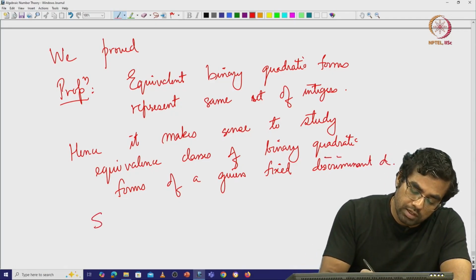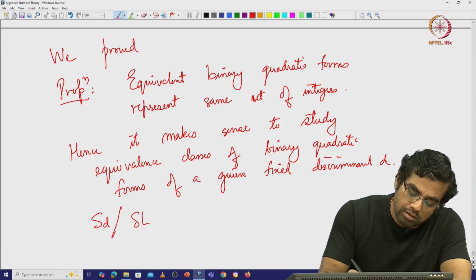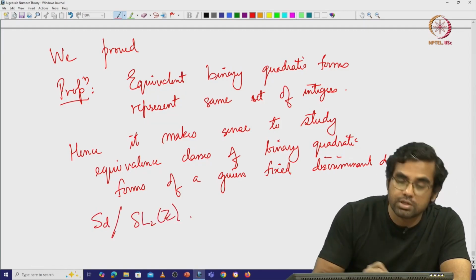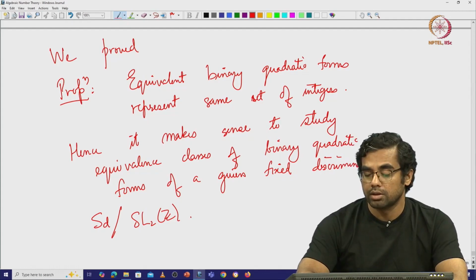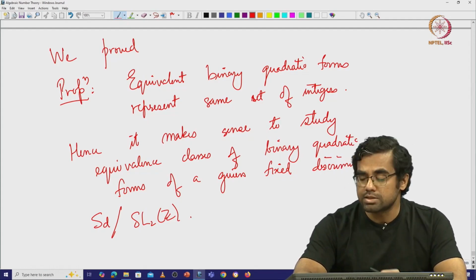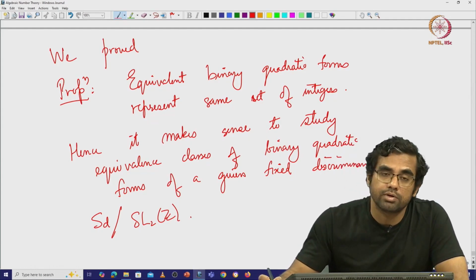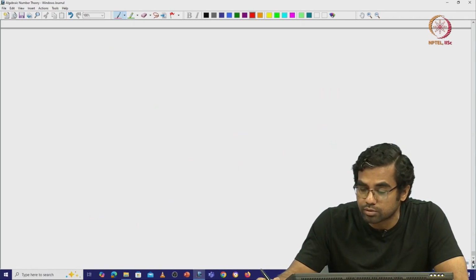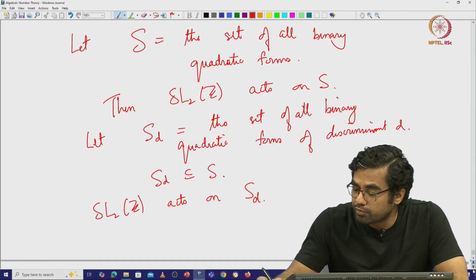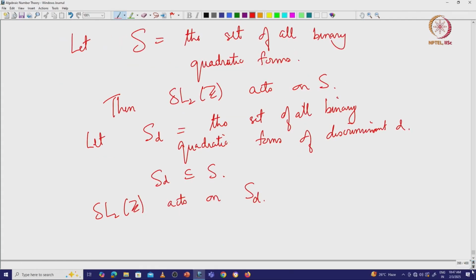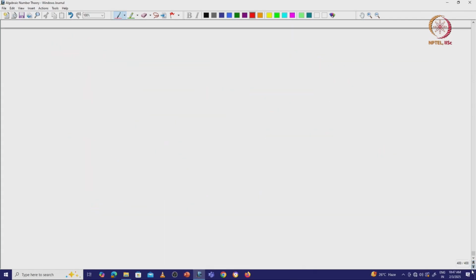So, what are we studying? We are studying SD modulo the action of SL2Z. Alright. So, this is what we will study next time, at least in a special case when D is less than 0. But before I stop today, let me tell you what the significance of D less than 0 is.